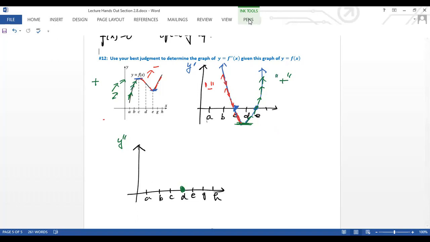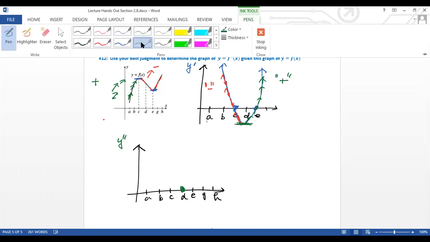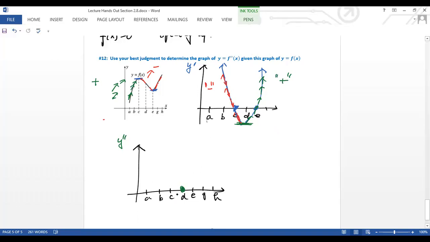So on the left-hand side I have a negative slope that gradually becomes flatter and flatter, and then after past D, my slope will become positive. So this probably will be my f double prime.